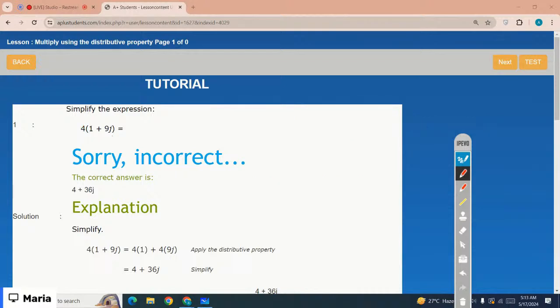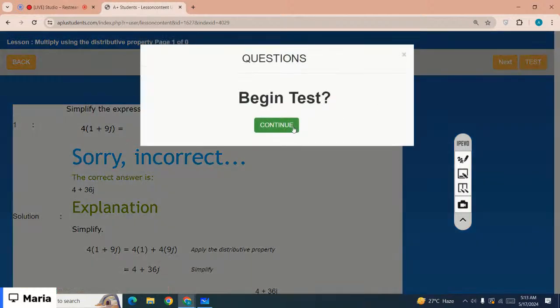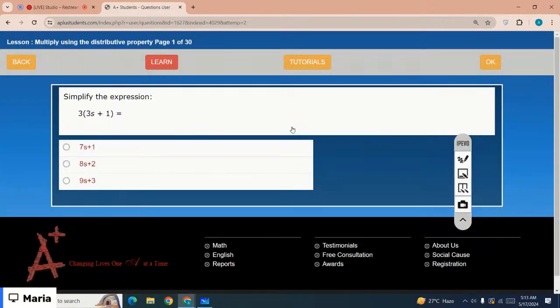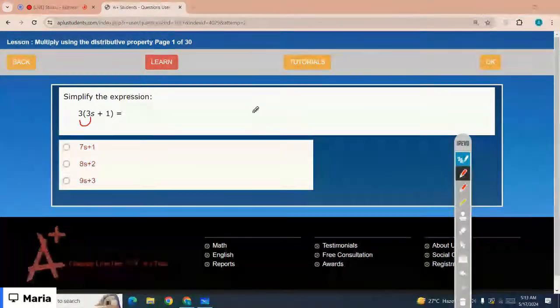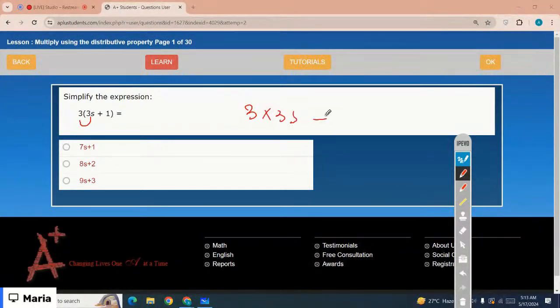Let's just start with the test questions. Okay, simplify the expression. So how do we simplify? You have to multiply 3 with 3s, then plus you have to do 3 times 1. The number that is outside the bracket, you have to multiply it with everything that is inside the bracket. You have to do 3 times 3s and 3 times 1. 3 times 3s is 9s plus 3.